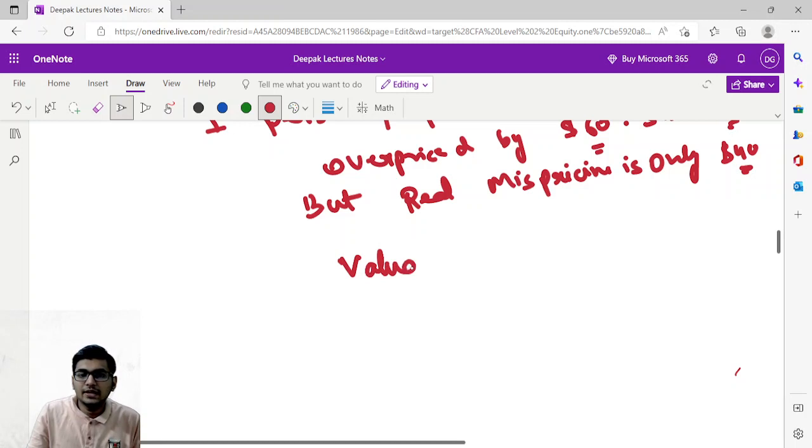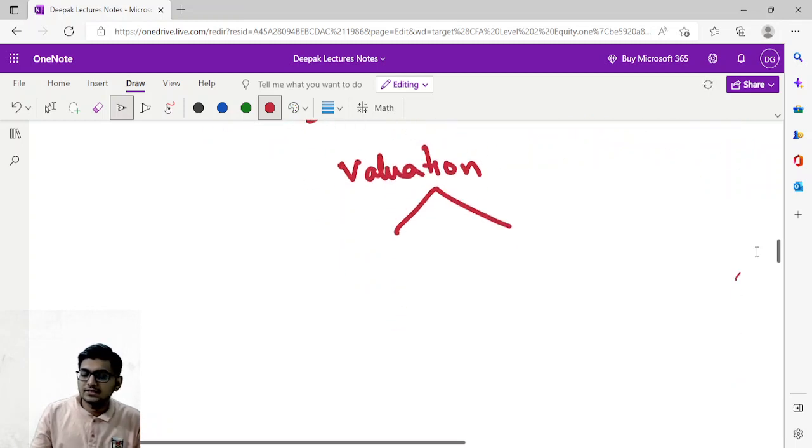Okay, so while doing the valuation, write down, while doing the valuation, I have two methods to actually value something. One is to find out its intrinsic value with the help of fundamental models.